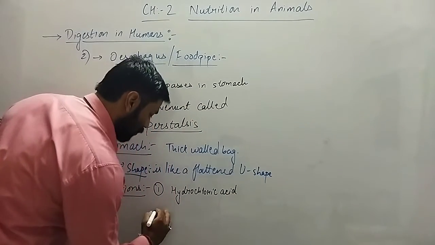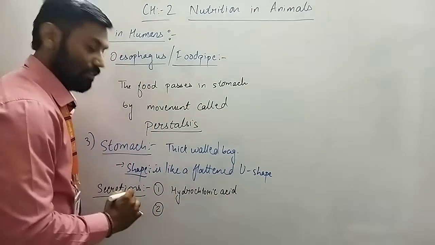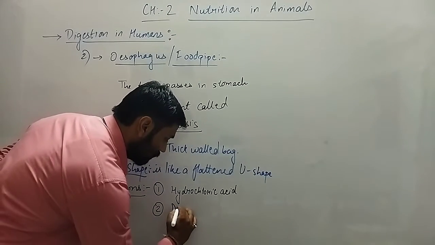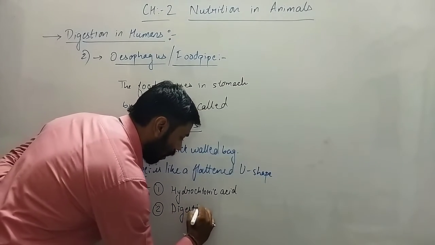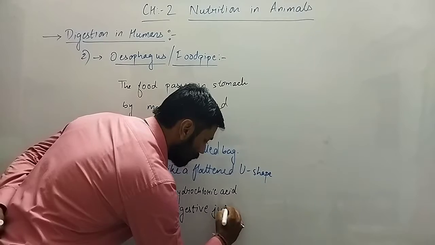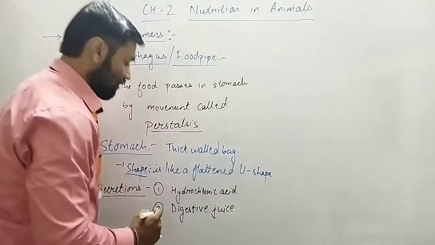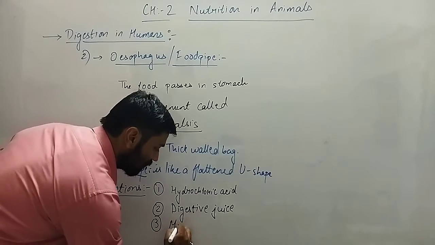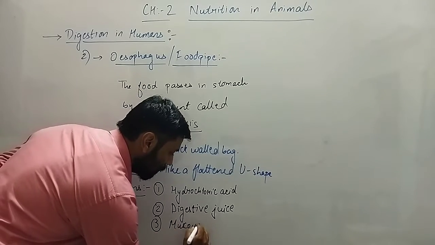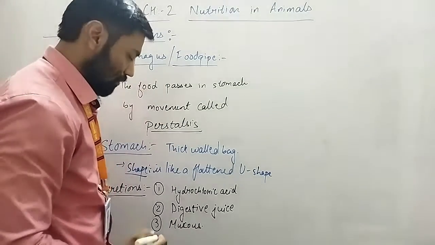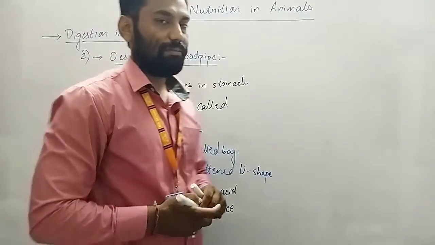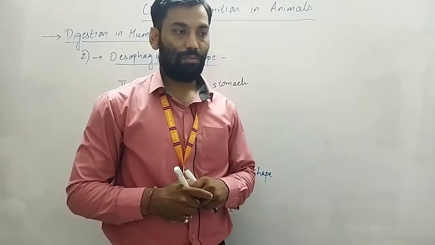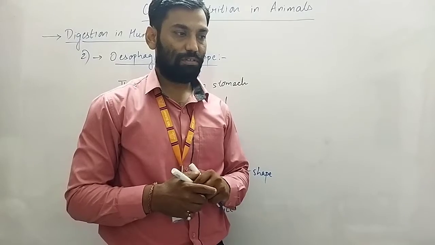Number two is digestive juice. And the third secretion that takes place is mucus secretion. Understood?